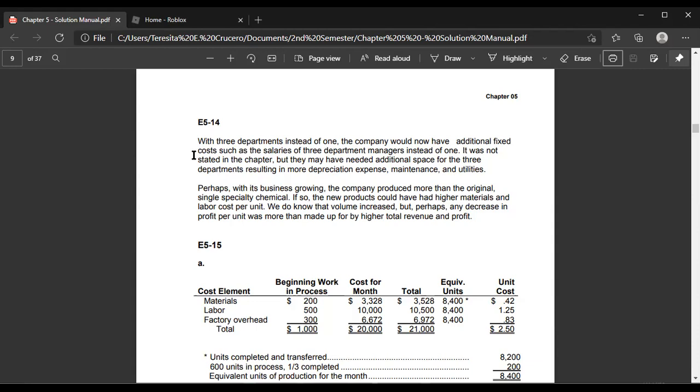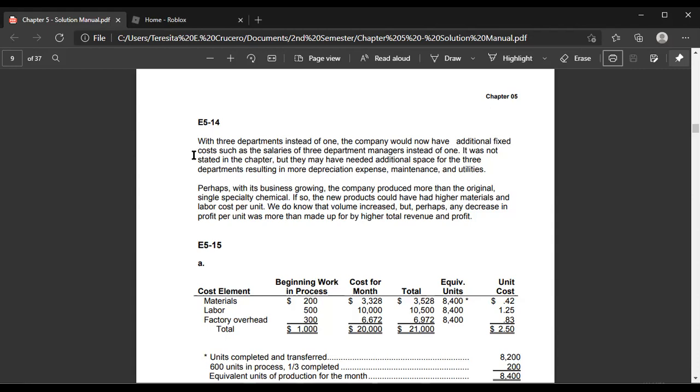We go to P5-15. In E5-15, computing unit cost for department and for completed units with beginning inventory. Chavez Concrete Incorporated has two production departments.